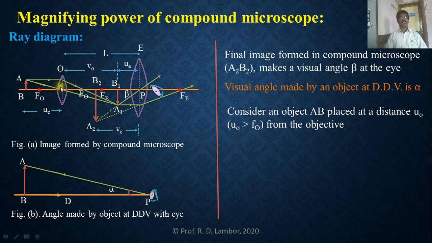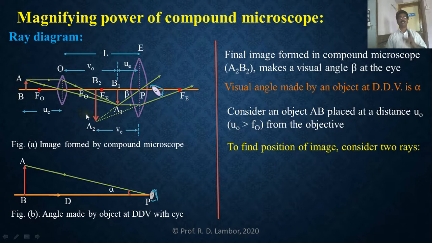So to find the position of the image of this object AB, we must consider minimum 2 incident rays. Out of that, this is the incident ray parallel to the principal axis, and this one is the incident ray passing through the optical center.